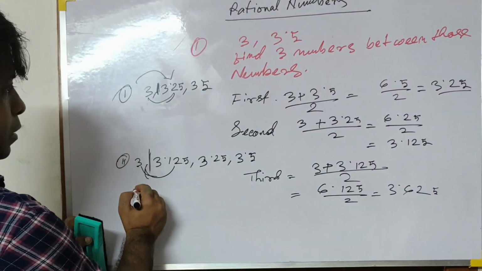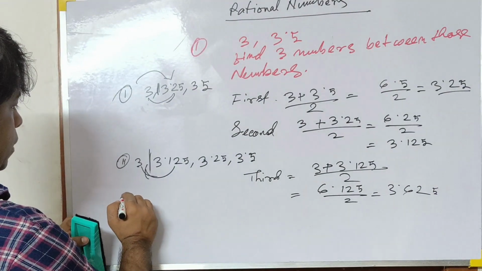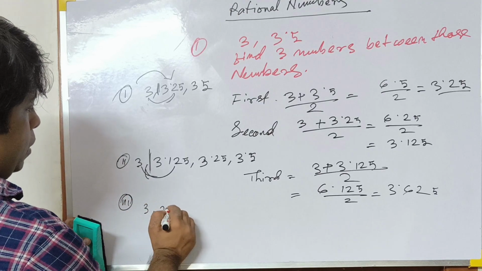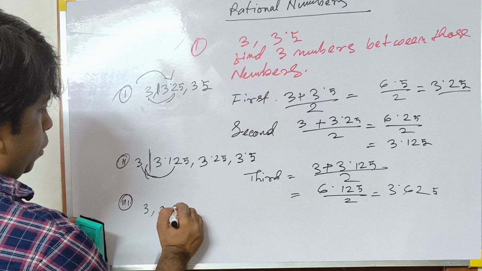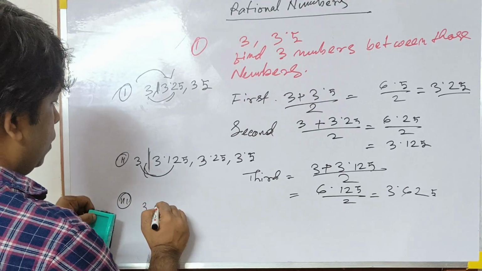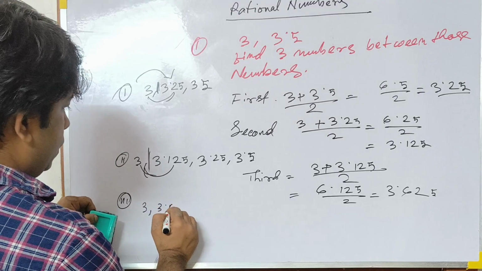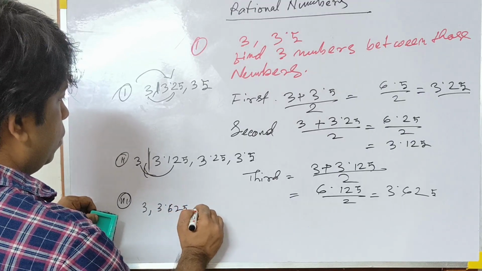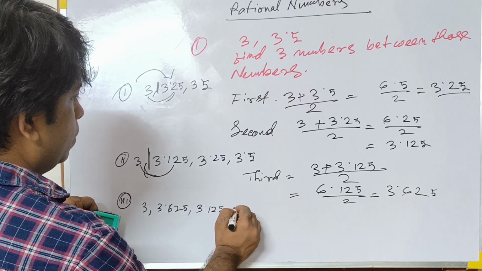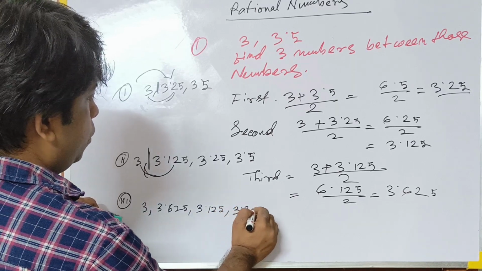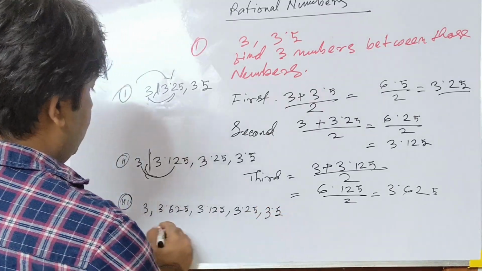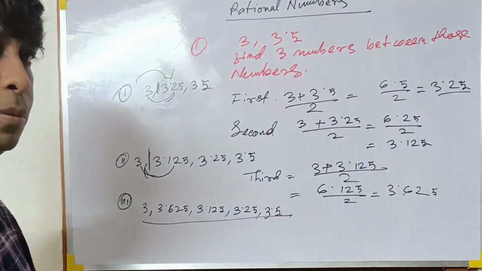So the third number is 3.0625, and we can write 3, 3.0625, 3.125, 3.25, 3.5. So like that we can find the middle numbers.